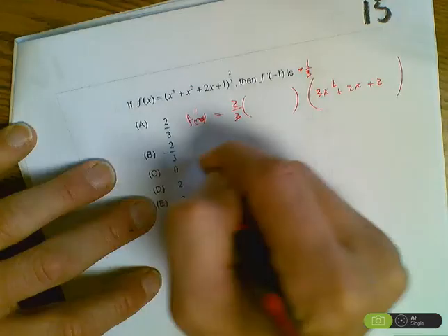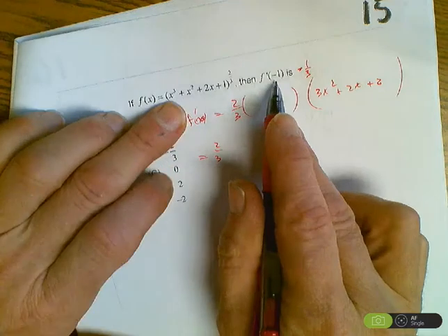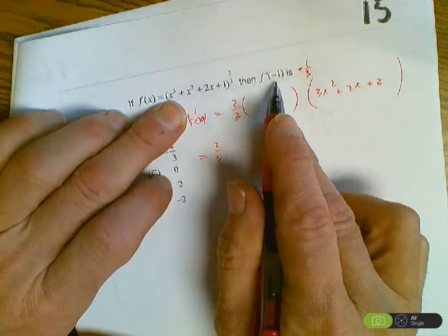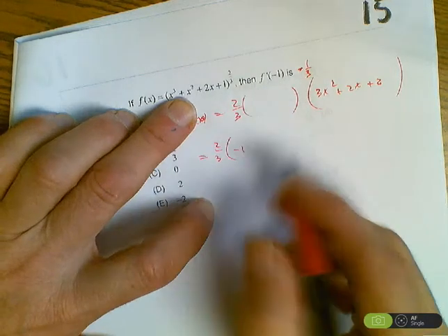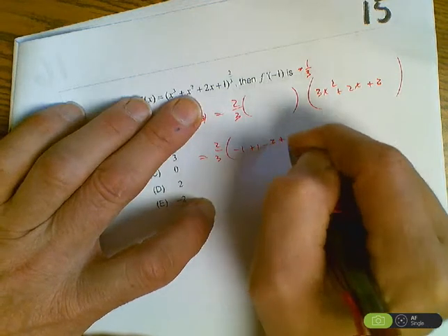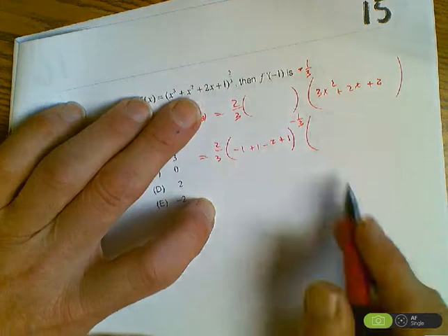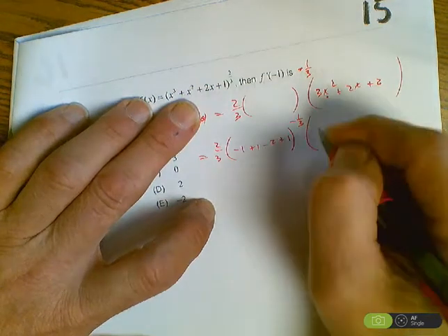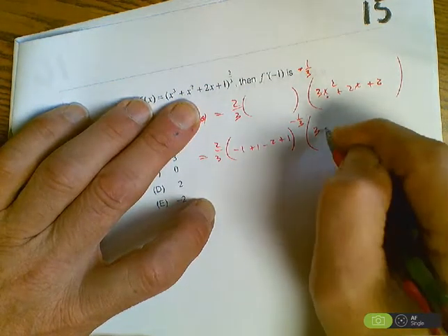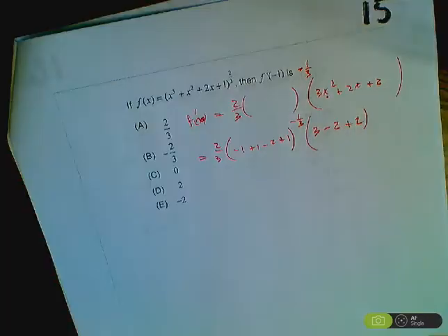So let's figure it out now. This is going to be 2/3. Negative 1 cubed is a negative 1. Negative 1 squared is a 1. Negative 1 times 2, negative 2, plus 1, all raised to the negative 1/3 power. Now, 3 times negative 1 squared is 3. 2 times negative 1 is negative 2, plus 2. Okay, now it's just arithmetic.